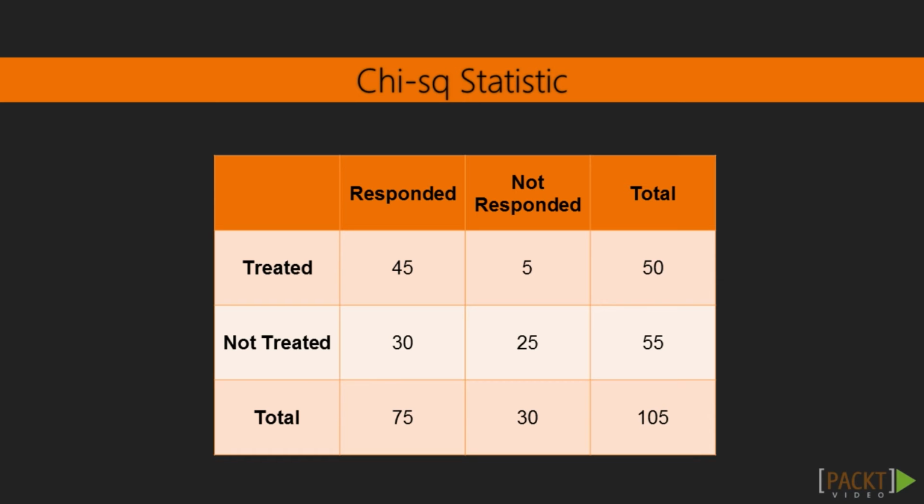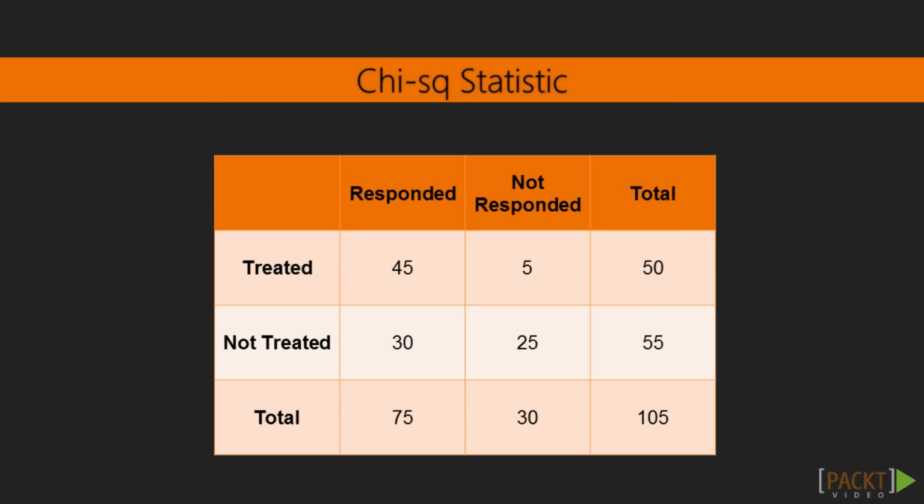From these results, our aim is to determine if the two categorical variables are related. In other words, we need to determine if the patients responded to the administered drug or not. Suppose the drug had no effect, the 50 patients would have been split evenly as either responded or not responded.